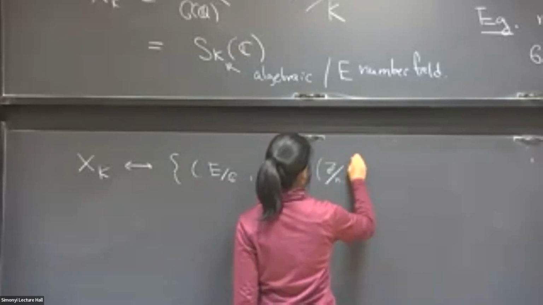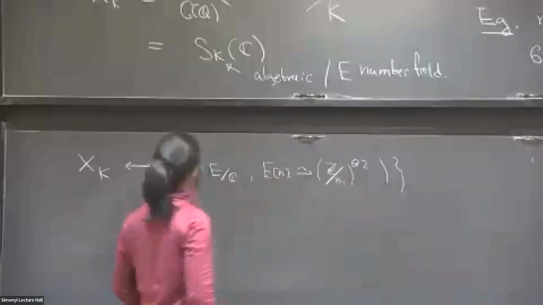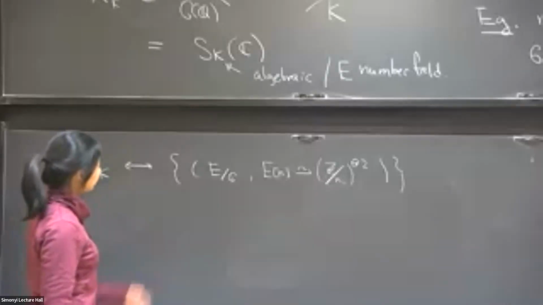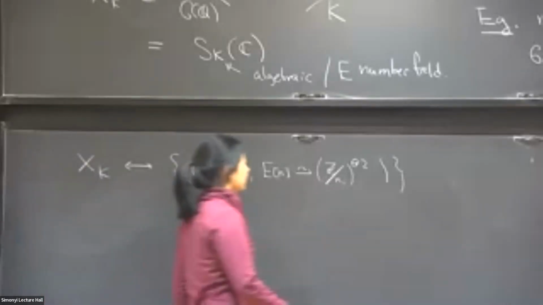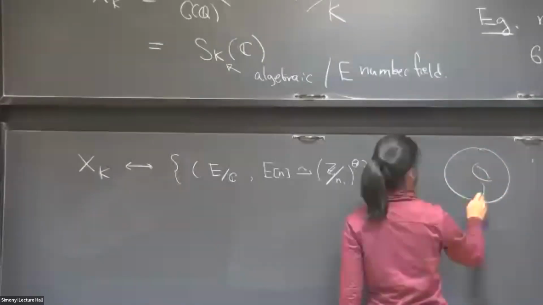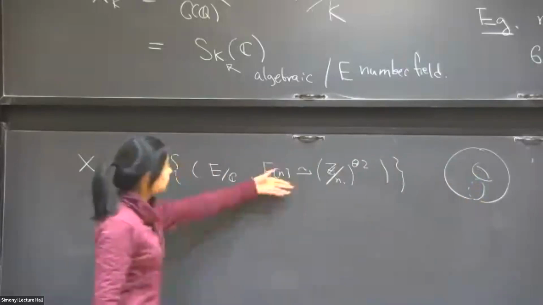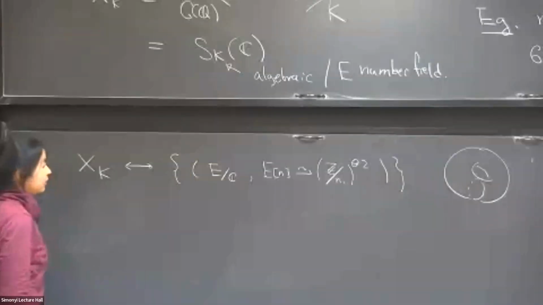So recall that an elliptic curve is a smooth projective curve of genus 1, and its complex points would be just a torus of real dimension 2, and it's in particular also an abelian group whose n-torsion points are abstractly isomorphic to (Z mod n)^2.